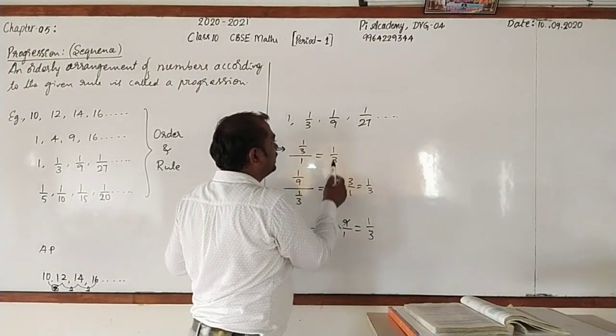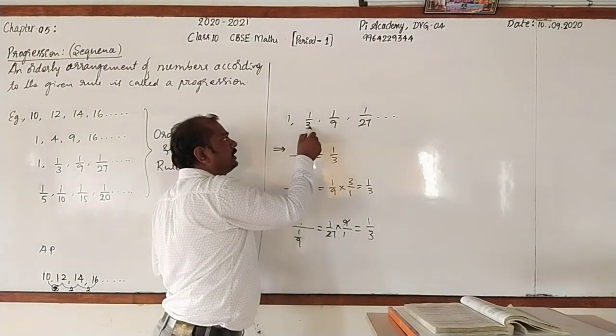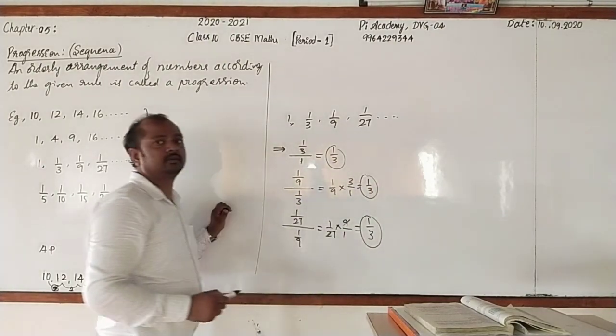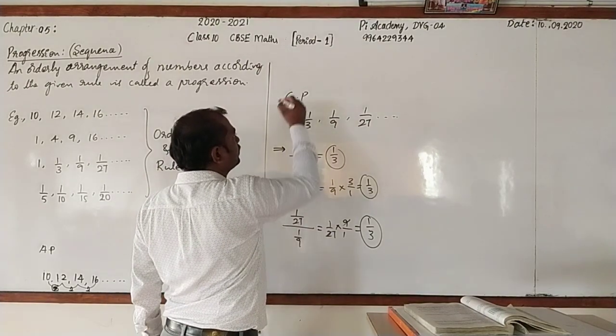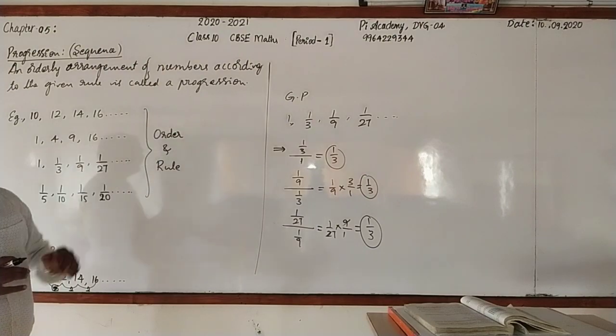Right? Look here. In this progression, the ratio of a term and its preceding term is constant. If it is so, that is called geometric progression and is denoted as GP.